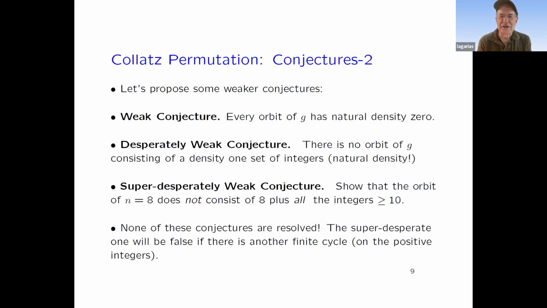So here's a weaker conjecture, the desperately weak conjecture: there is no orbit of G that consists of a density 1 set of integers in the natural density set on the positive integers. And here's an even weaker conjecture. Show that the orbit of 8 does not consist of 8 plus all the other integers bigger than or equal to 10. Okay, I don't know how to do that either.